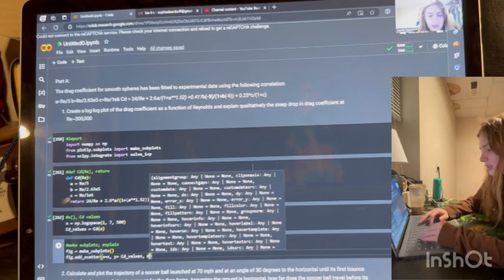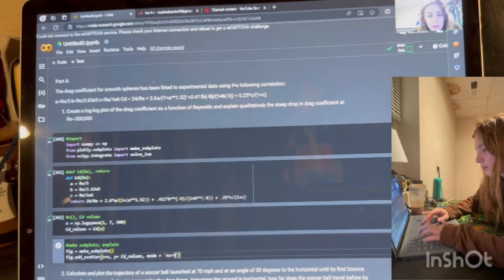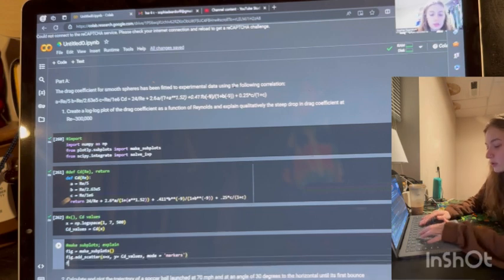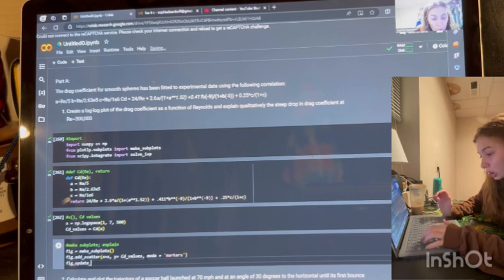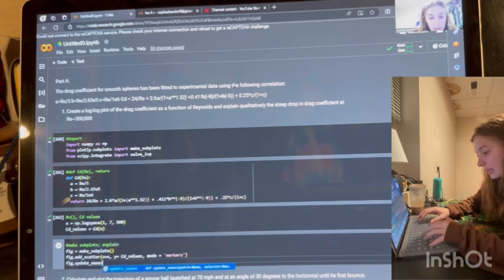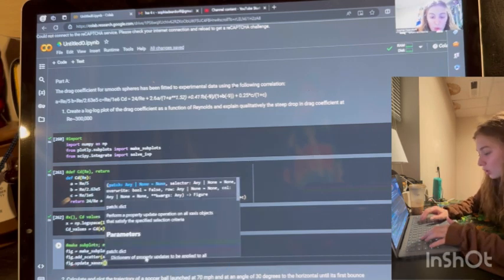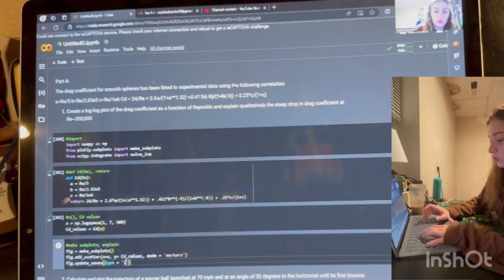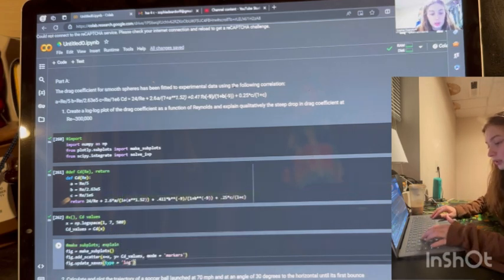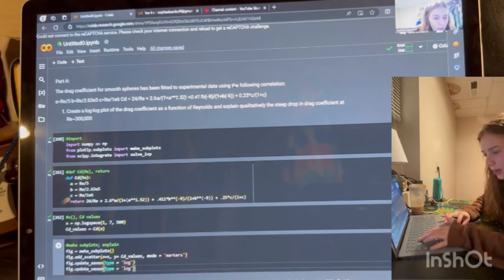And then we're gonna decide that mode is equal to markers. And then we do fig.update_xaxes, type is equal to log. And then same thing for the y-axis.